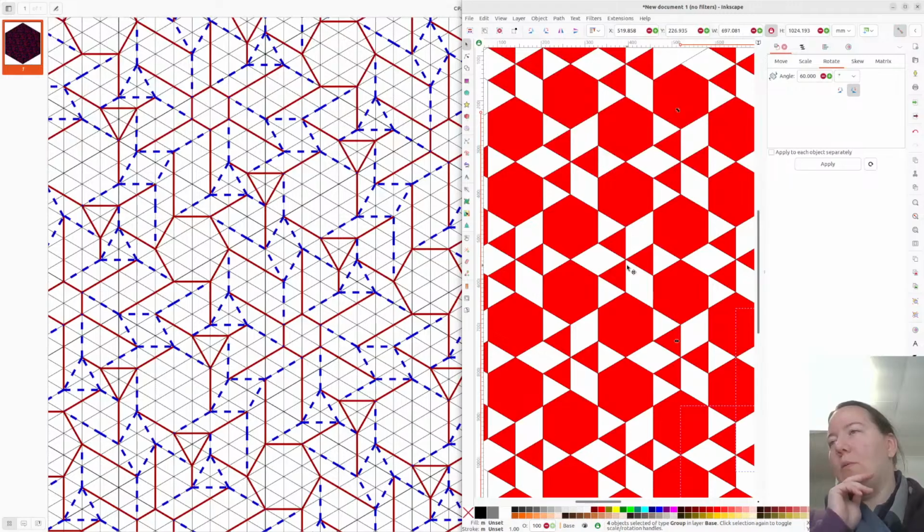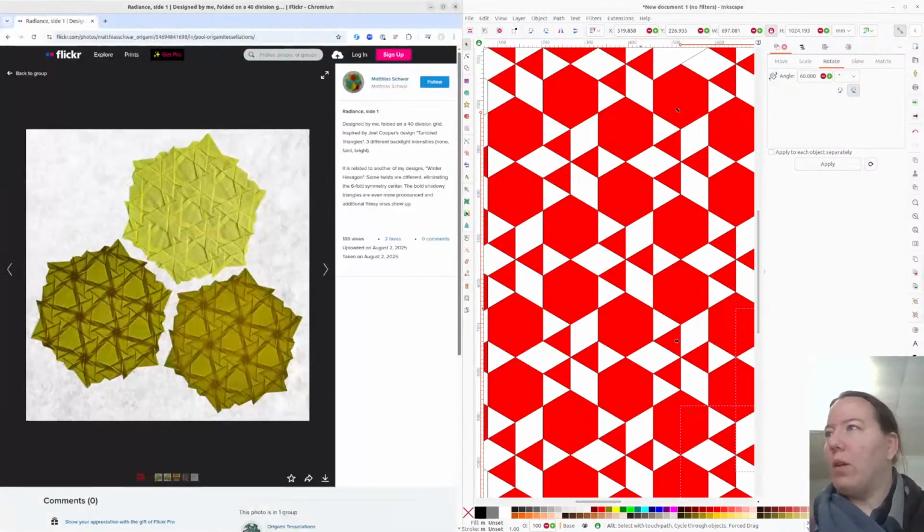So that would be my recommendation for folding this pattern, using these different views of the tessellation to inform the folding process. So that was one pattern off of Flickr.